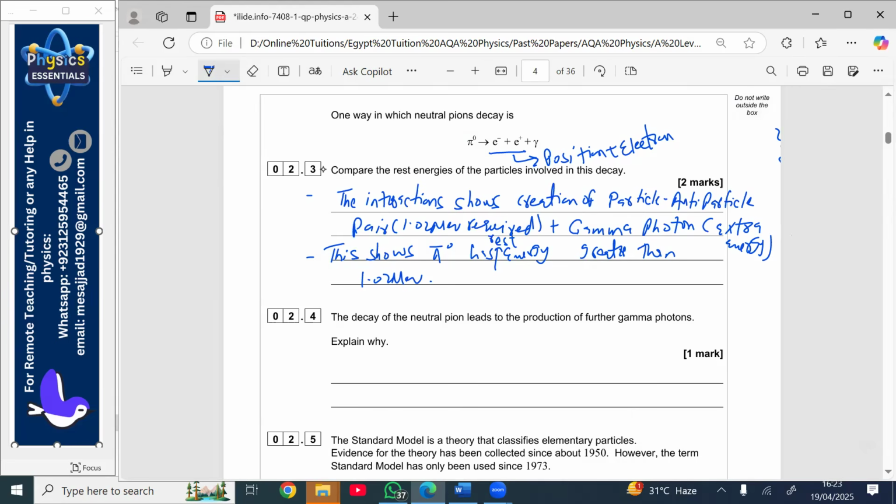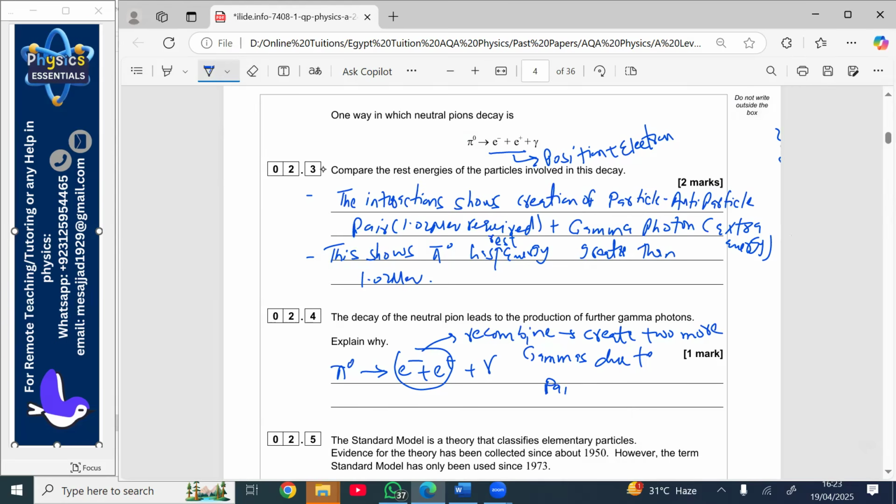Point four. The decay of a neutral pion leads to the production of further gamma photons. Explain why. Because it's very, very easy to understand: when you create a particle and an antiparticle along with gamma, they can recombine and create two more gammas, due to pair annihilation.